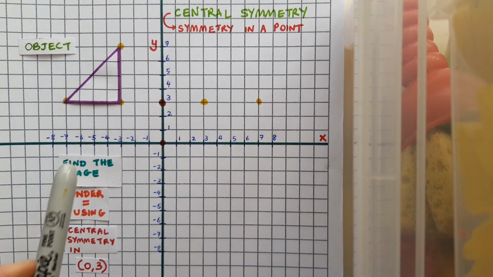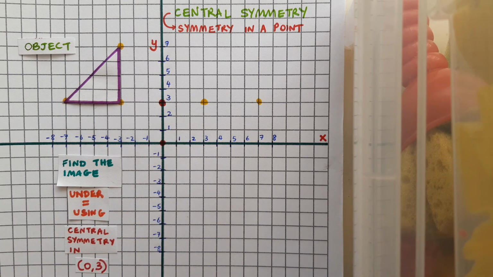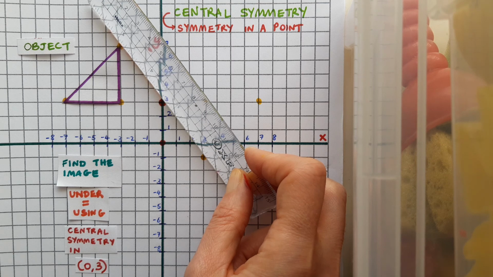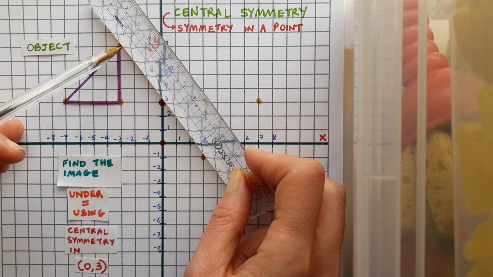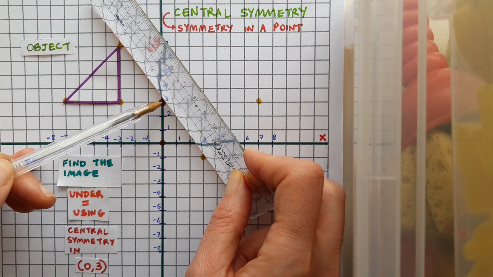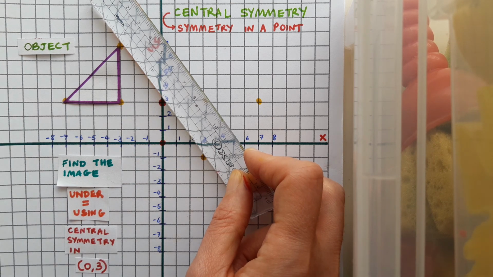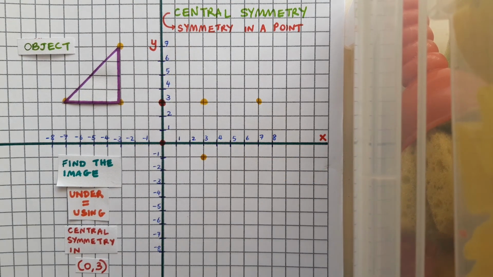I'm going to go across 3 spaces again and down 4 spaces to land on my new vertex. So just to visualize that one more time, I went from the object vertex down 4 across 3, and then to get to my image vertex, down 4 across 3. A lot like rise over run from the equation of the line chapter.